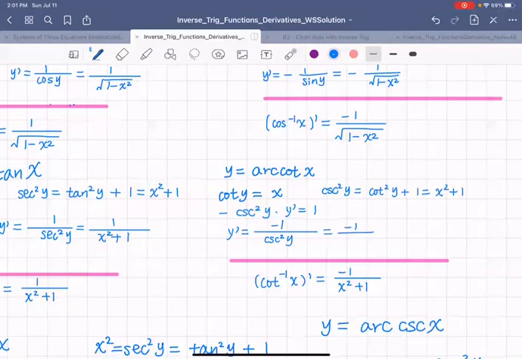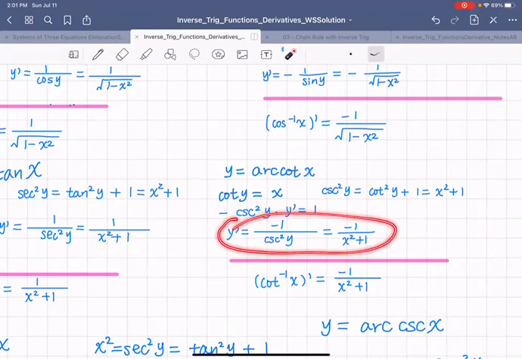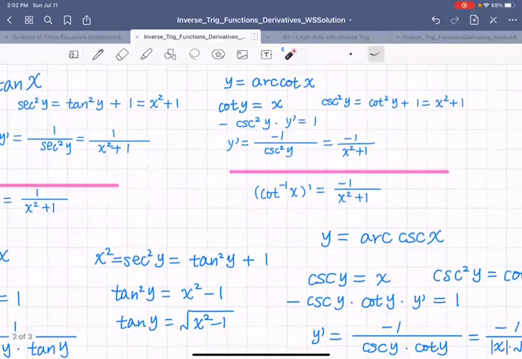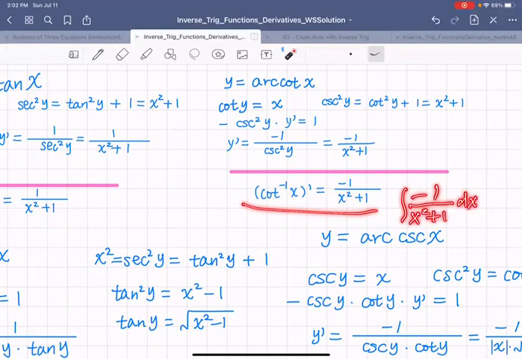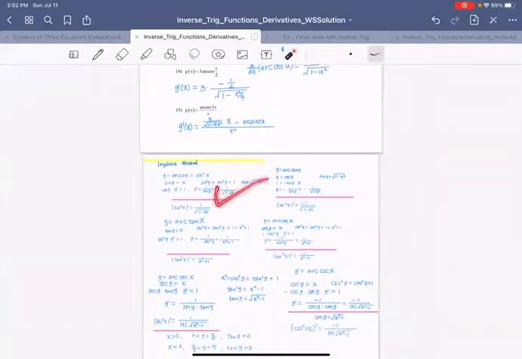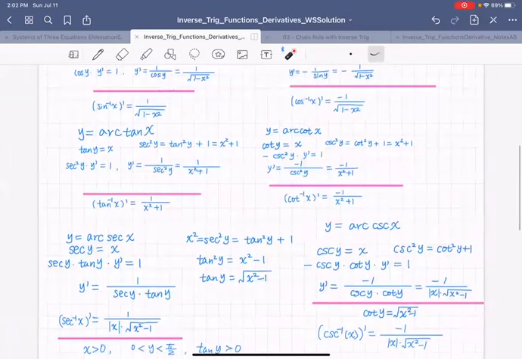So it becomes negative 1 over x squared plus 1. We need to know this formula. We need to remember this formula, okay? When later we have this, that is saying arc cotangent x. Well, those are the formulas. Not too hard yet.